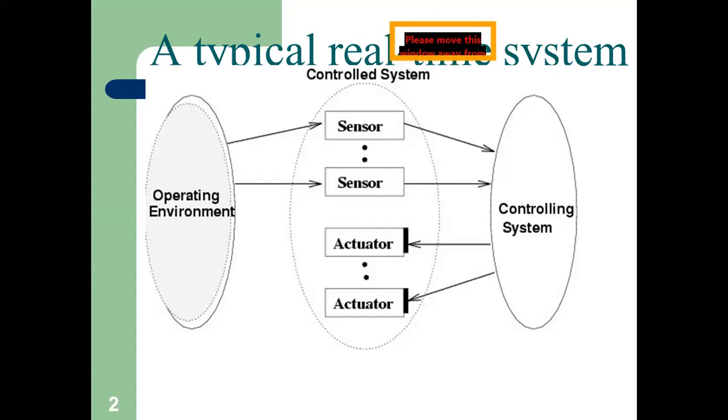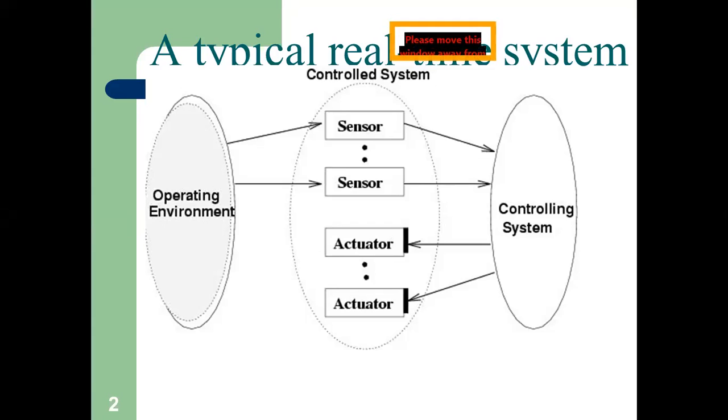In this case, you can see there are various sensors connected and also the actuator. Inside the black box, you can see these are the electronic devices. You are maybe already aware of actuators and sensors.